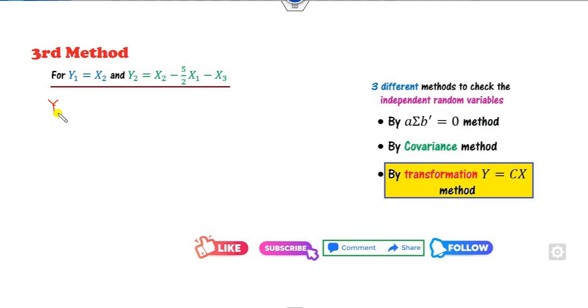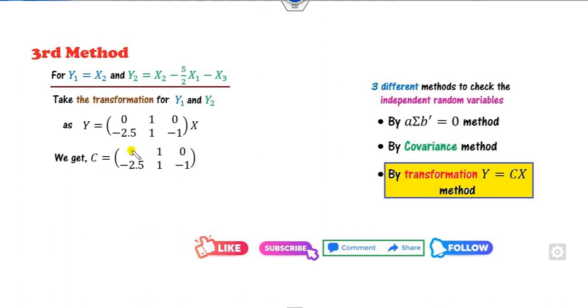Third method is we can apply the transformation. So you have to write this in terms of the matrix. So what is the A? What is the coefficient of x1, coefficient of x2, coefficient of x3? So this is my C. Now check what is the rank of this matrix.